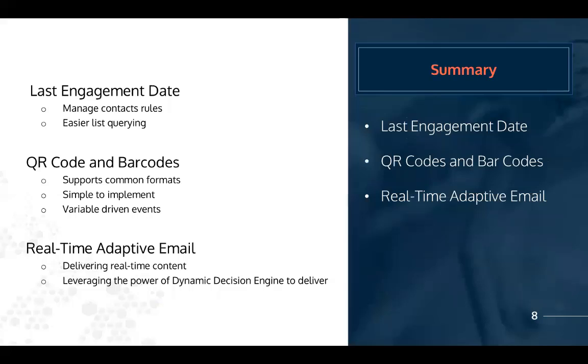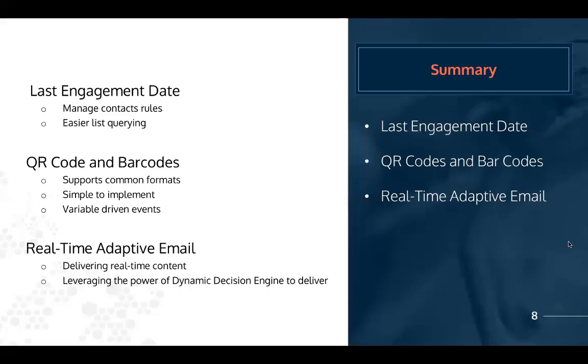So on that note, just a quick summary of what we've seen in this very brief session: last engagement date or last engagement metric, very easy to manage contact rules, and much easier list querying against a single field. As I said, in terms of QR codes and barcodes, the common formats that we've got at the moment are very simple to implement, with variable-driven events for effectively unique voucher offers per recipient.